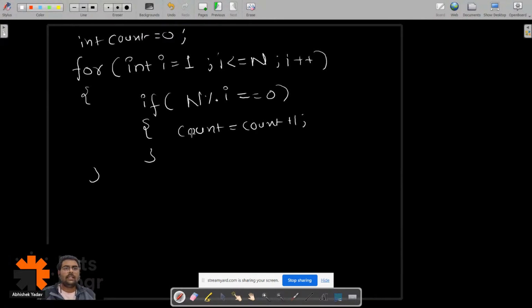So guys, can you tell me, we are doing n iterations. Can you tell me why we are doing n iterations? Please write in the chat.